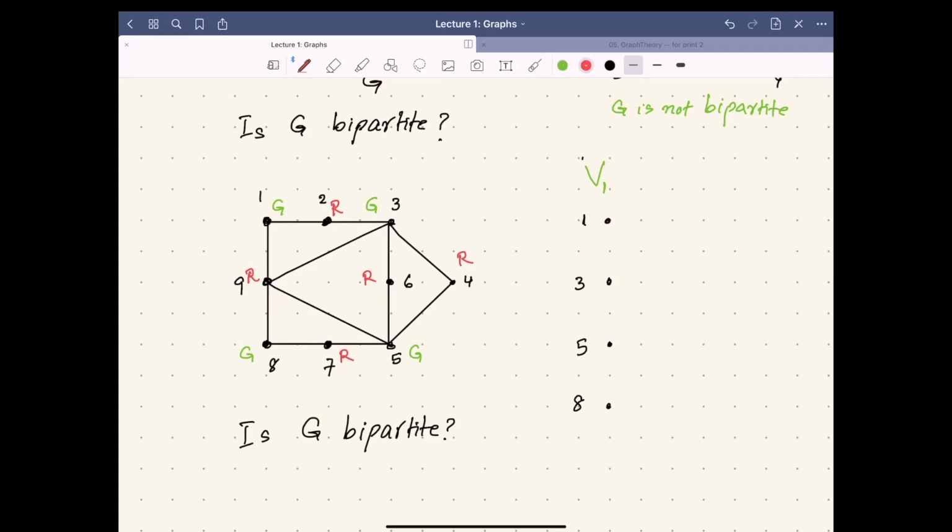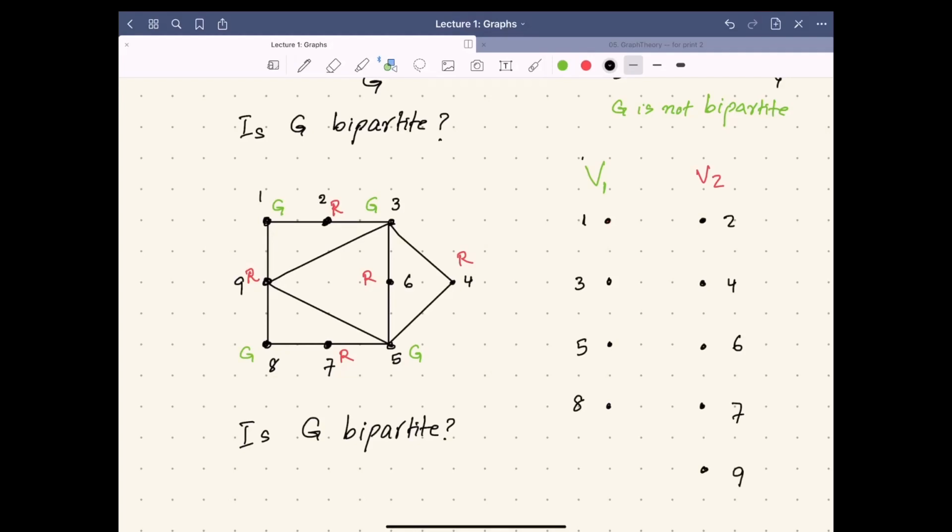And now for V2, we need to put the other vertices. So we will put 2, and we will put 4, and there is 6, 7, and there is 9. We need to draw now edges between them.